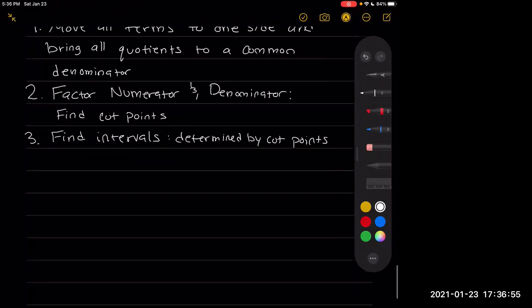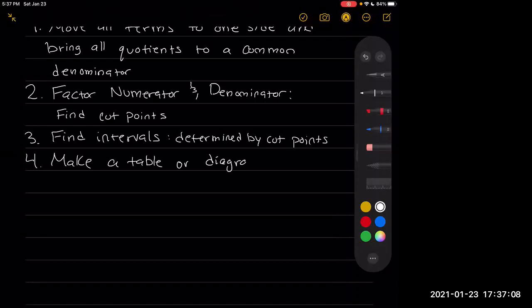Right. 4, we're going to make a table or diagram to determine the sign of our function. And then 5, we're going to solve. We have to remember to check endpoints.